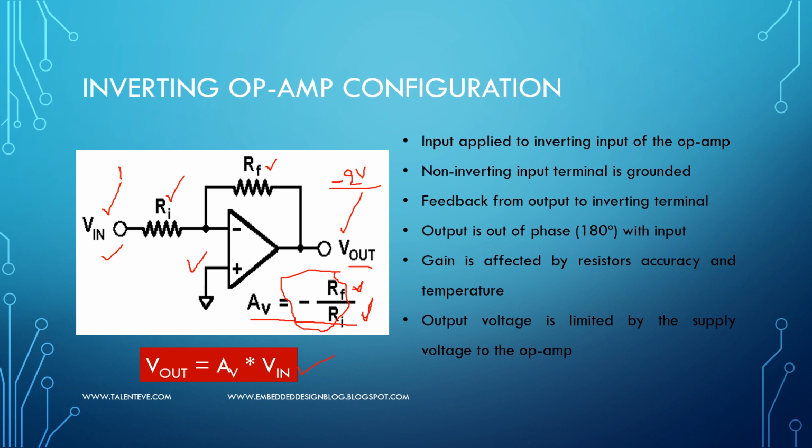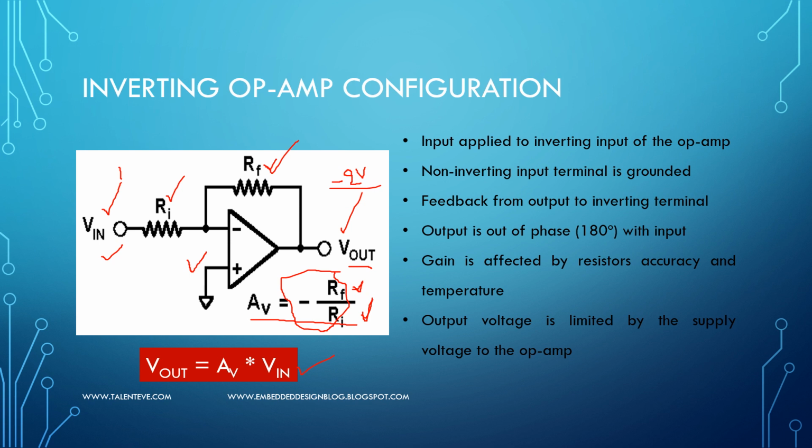So over different temperatures, the output will vary. So the accuracy of the output at different temperatures depends on how good the tolerance of the resistors you use, and what measures you take with respect to the temperature.